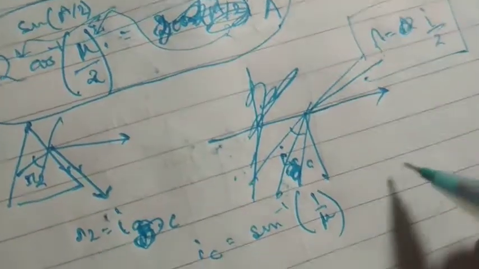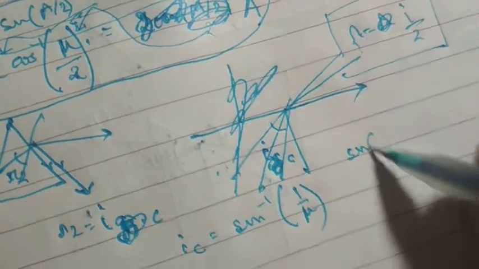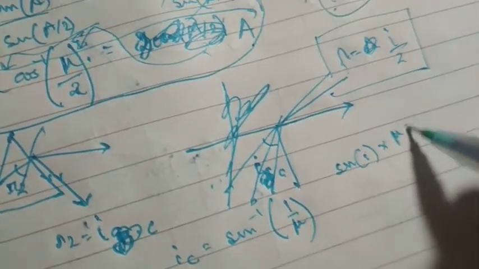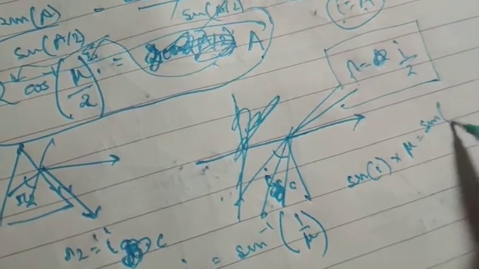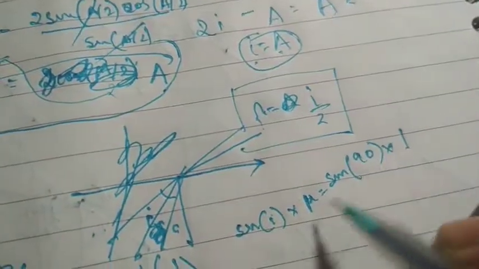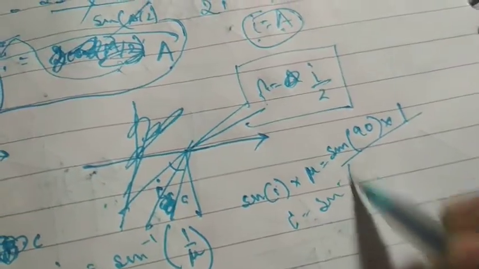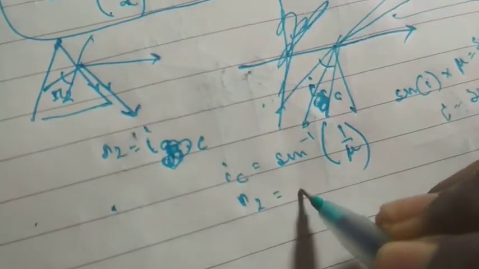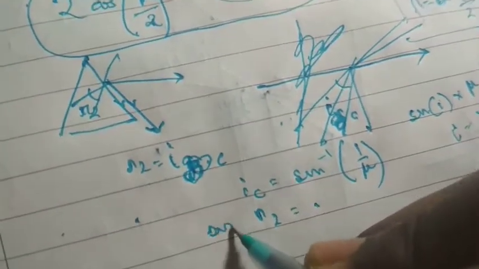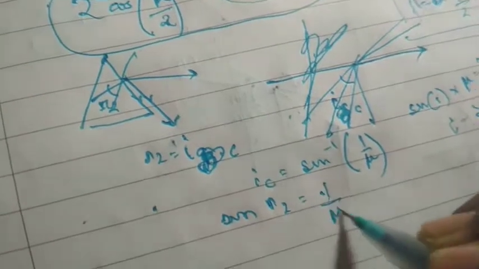Why? Because sine I times mu equals sine 90 times mu of air. So this is 1, so I equals to sine inverse 1 by mu. So you can just say sine of R2 equals to 1 by mu.